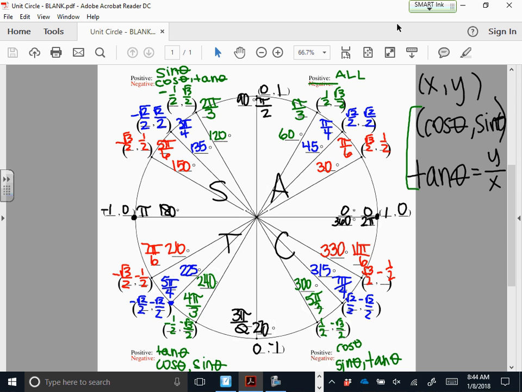Now we're going to do another one. We're going to evaluate the 6 trig functions of 5 pi over 4.